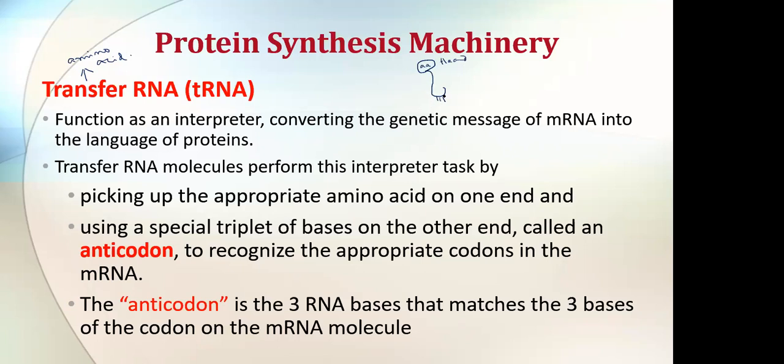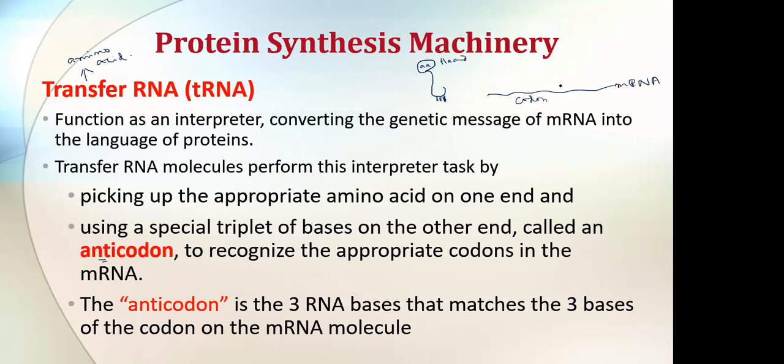Now at the leg part, there are 3 nitrogenous bases. These 3 nitrogenous bases are called the anticodon. So why is it anticodon? We can find the codon on messenger RNA, right?